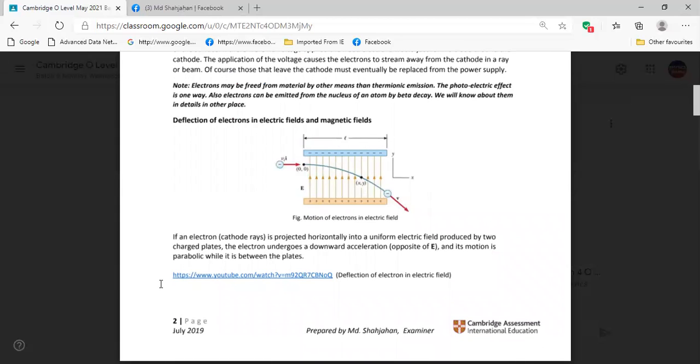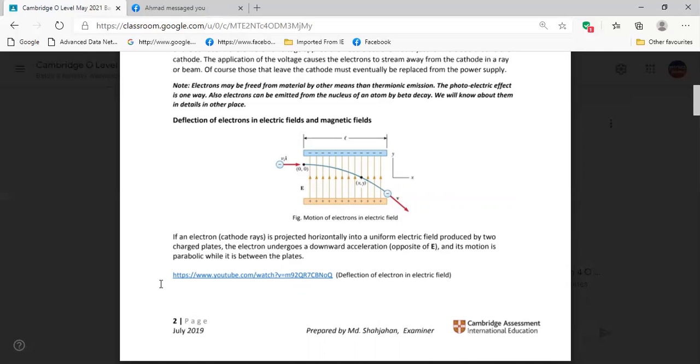Okay, now deflection of electrons in electric fields and magnetic fields. Electric field, it's very easy to understand, right? Yes, sir. Like charges repel, unlike charges attract. Electron is negatively charged.